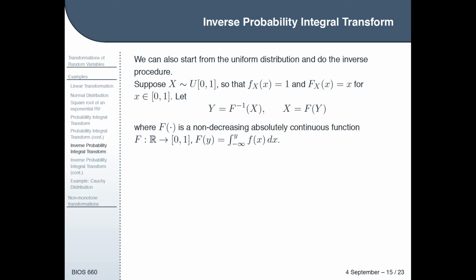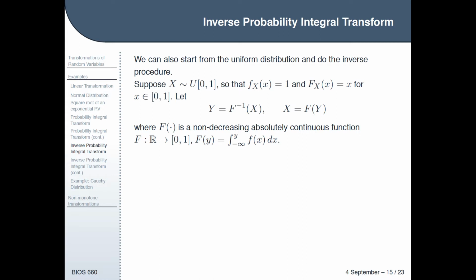And it's fairly easy to show if X is uniform on 0 to 1, then its density function is just 1 on the interval from 0 to 1, and its CDF is x on that same interval.